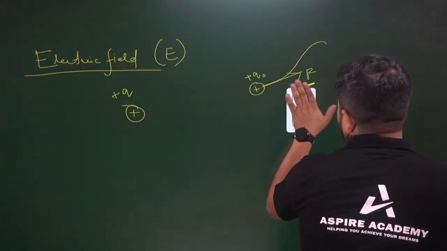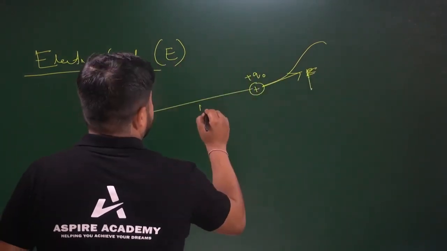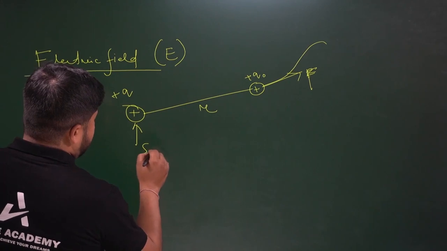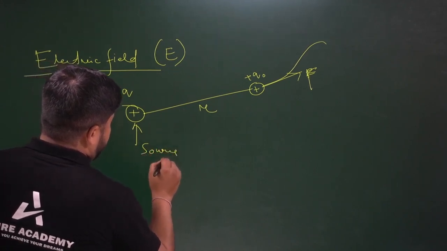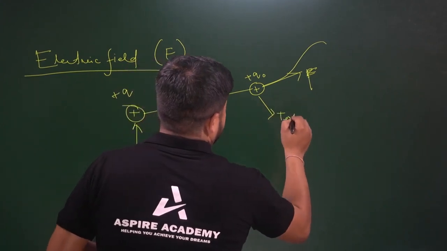This is the distance between them. This Q is called the source charge and this one is called the test charge.